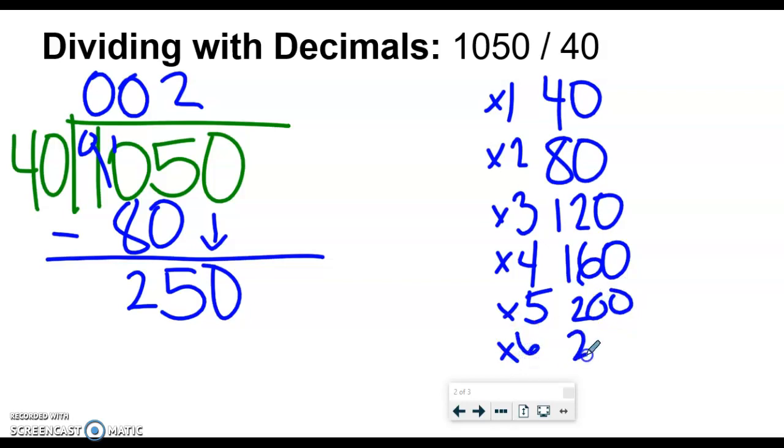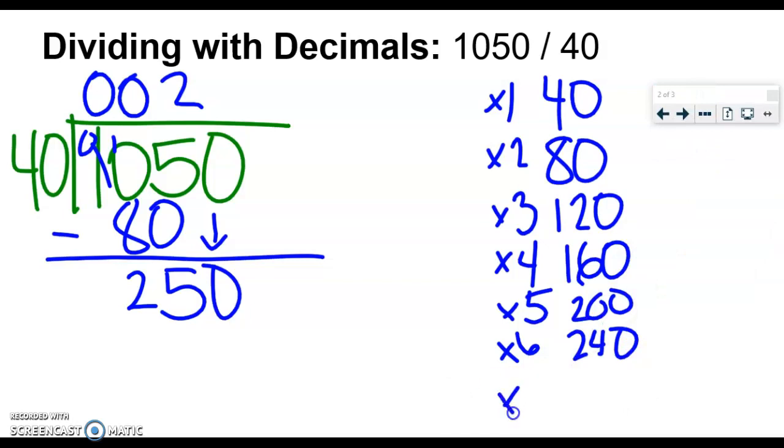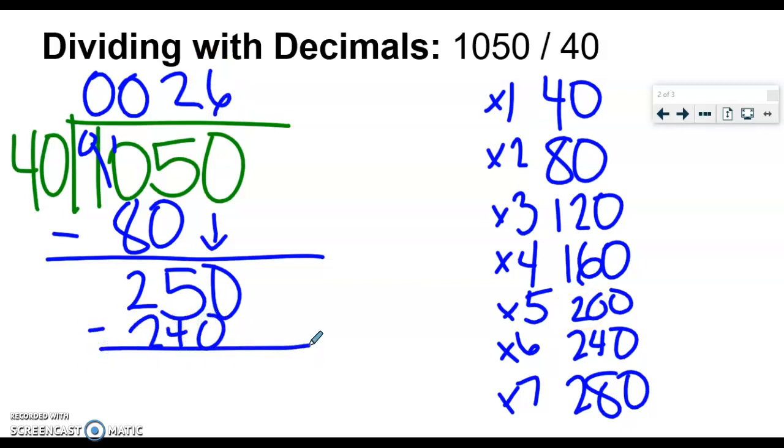Well, 4 times 6 is 24. 40 times 7. 4 times 7 is 28. Okay, so how close can I get 40 to go into 250 without going over? And it looks like it's going to be times 6 here. Okay, and then I have 240. And I'm going to subtract, and I'm going to be left with 10.